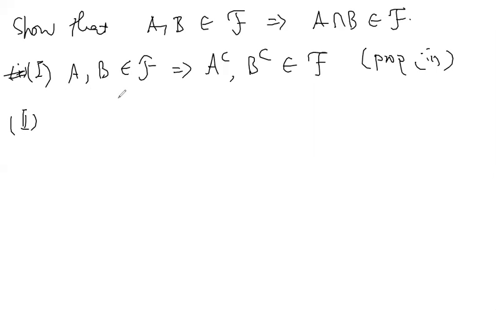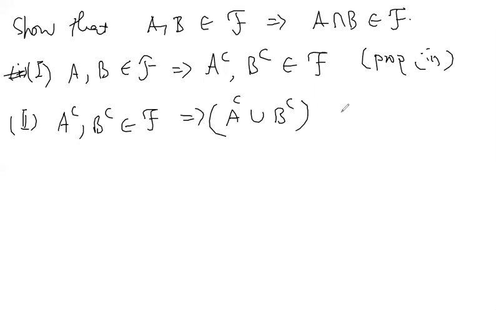Then step 2: since A complement and B complement are in F, this implies that their union is also in F. This is property 3.